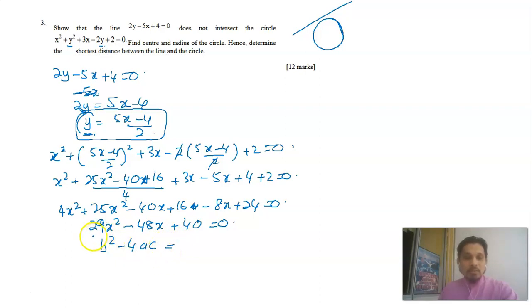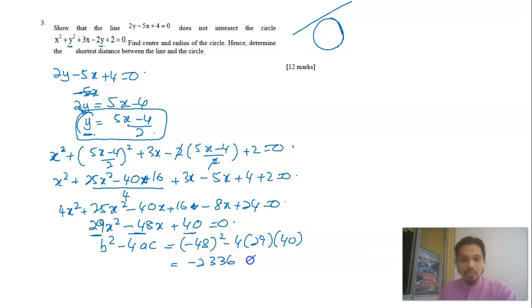So at this moment, A is 29, B is negative 48, and C equal to 40. So negative 48 squared minus 4 times 29 times 40, and you use the calculator, it gives you negative 2,336, which is less than 0. So we come up with the conclusion that the line does not intersect the circle.